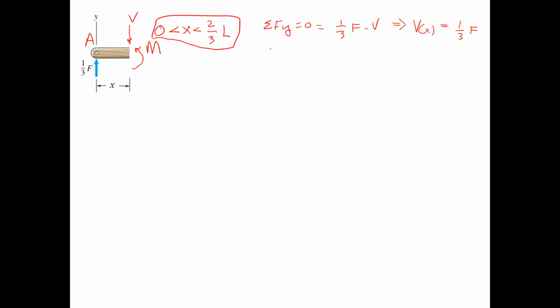And the sum of the moments at A is going to equal 0, which means M, which is counterclockwise, positive, right? And another moment about A. What's another moment about A? Jose?